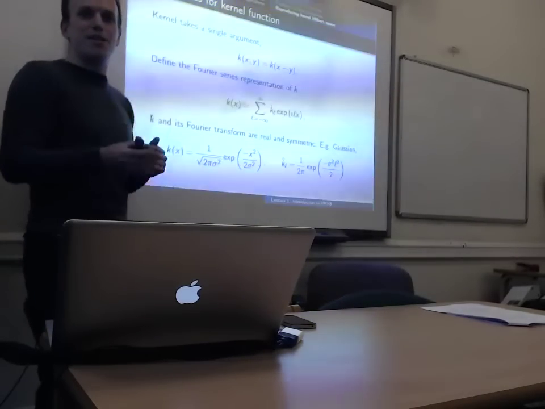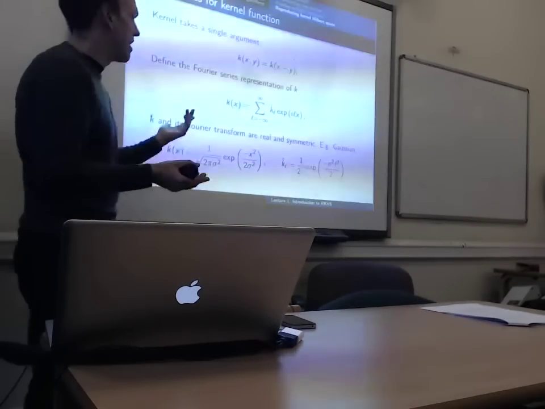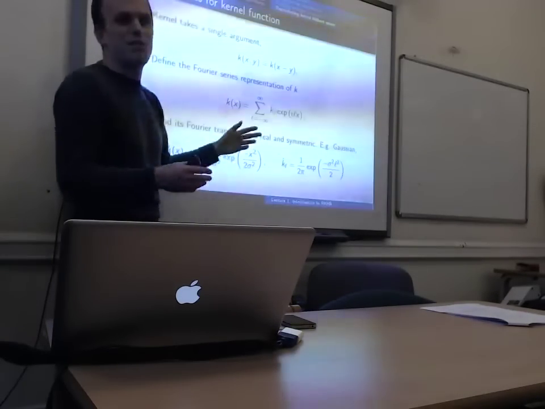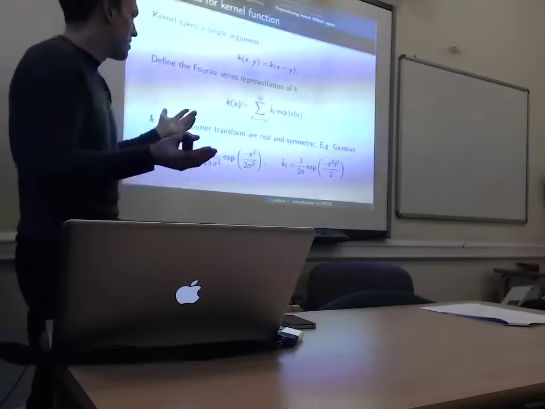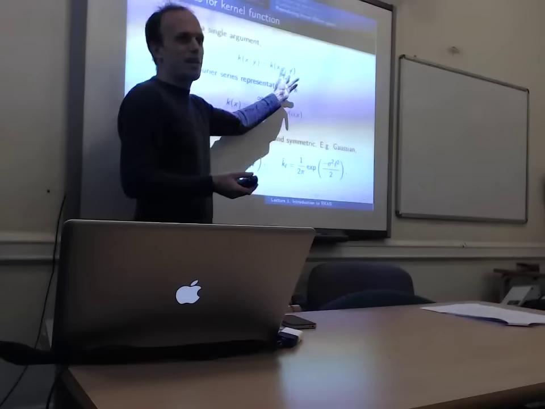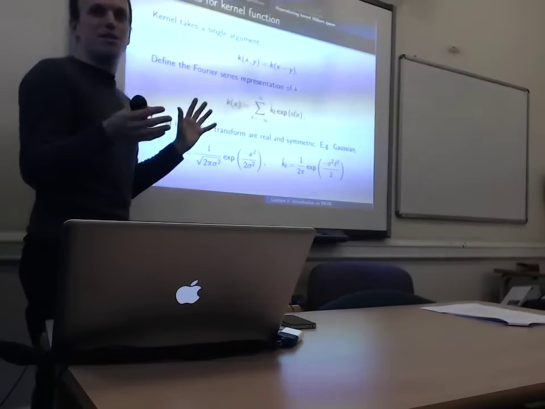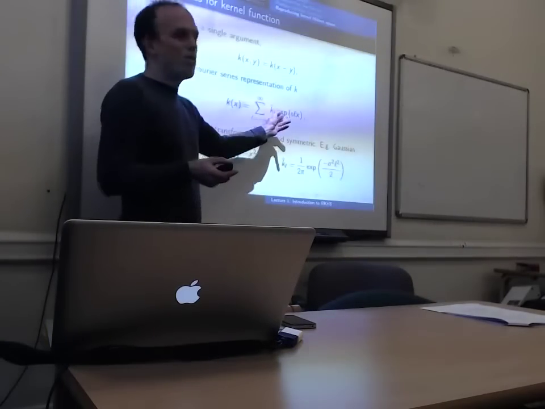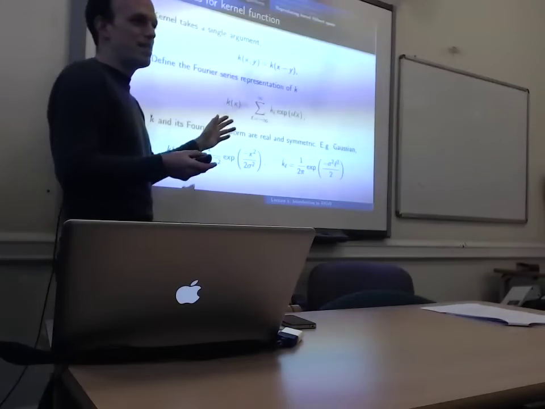So the Gaussian kernel is a good example of such a function, because a Gaussian kernel is just a Gaussian whose argument is the difference in the 2 inputs. So that's your standard Gaussian kernel. Okay? Given that my kernel now just takes a single argument, which is the difference in its 2 inputs, I can represent this kernel also built up in terms of these cosines.